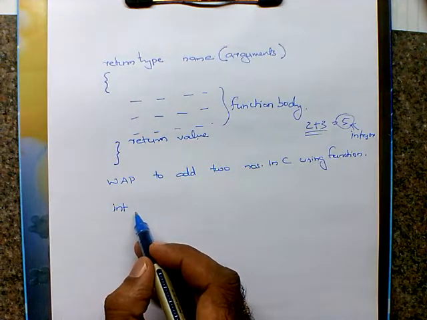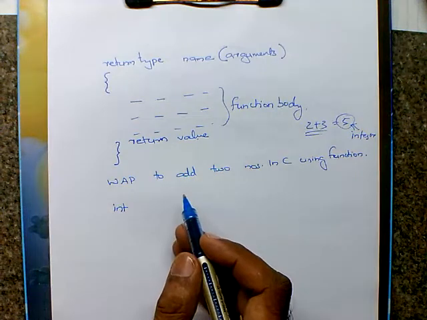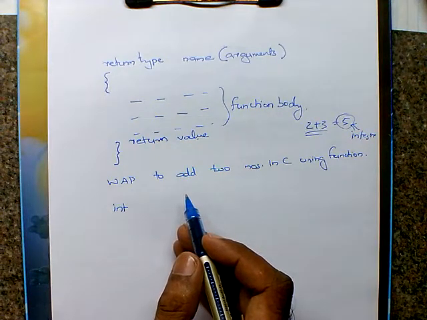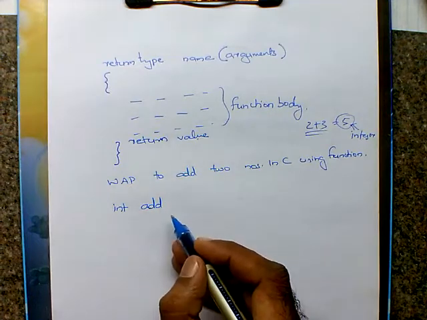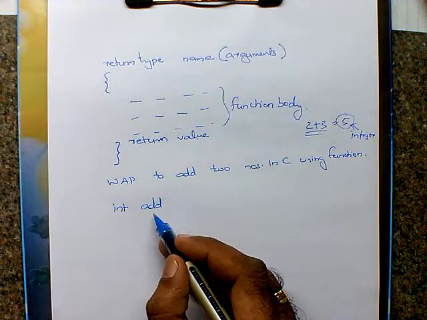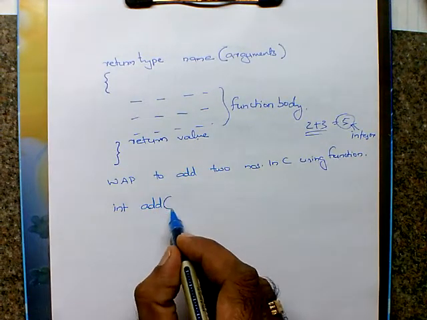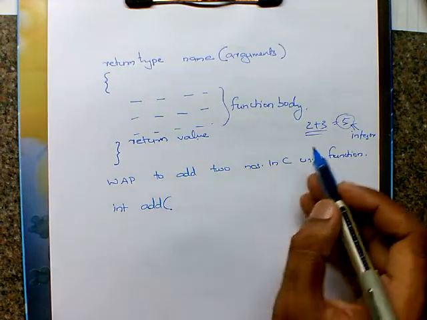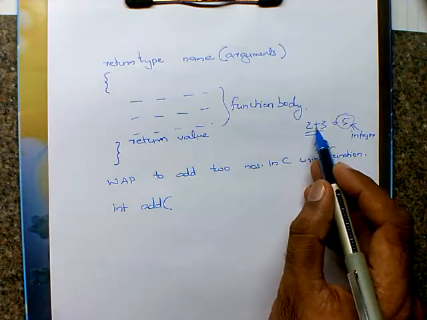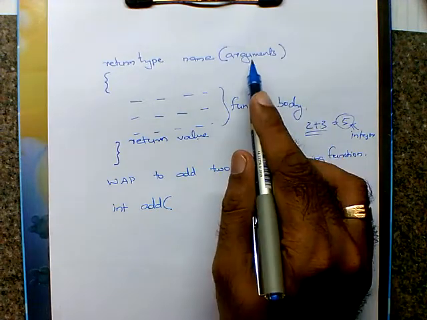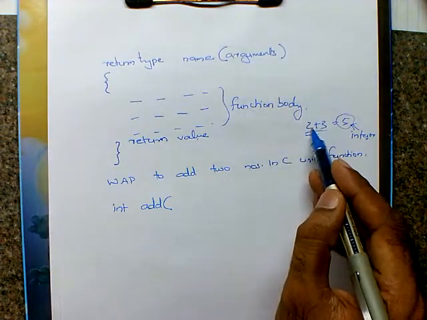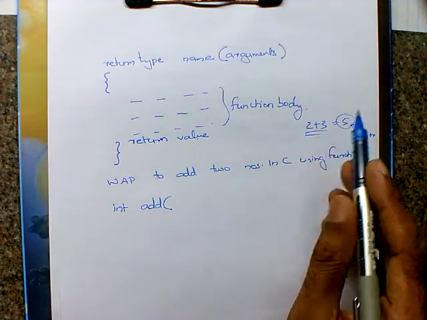Space. Now you can give any name to the function. Let us assume add. This is the function name. Inside the brackets we will write the arguments. What are the arguments? 2 and 3. How many arguments are there? 2. If there are more arguments, we write them separated with commas.